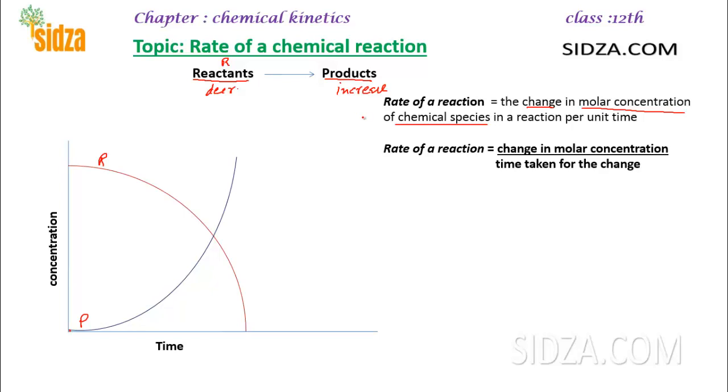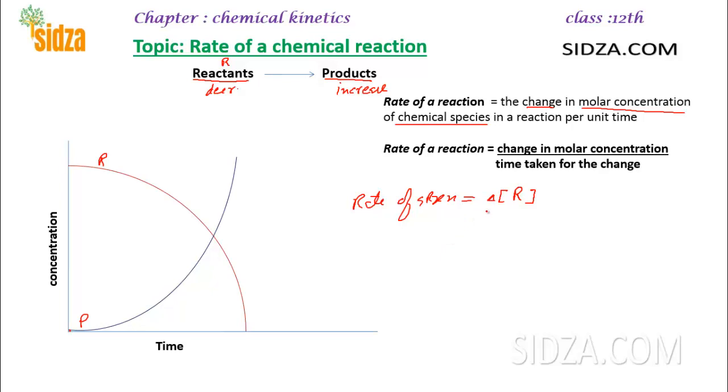Now how do we write down the rate of reaction? You can express the rate of a reaction in terms of either reactants or products. So we can say the rate of reaction is the change in concentration of the reactants. The bracket here represents the concentration of the reactants, and this is the change.